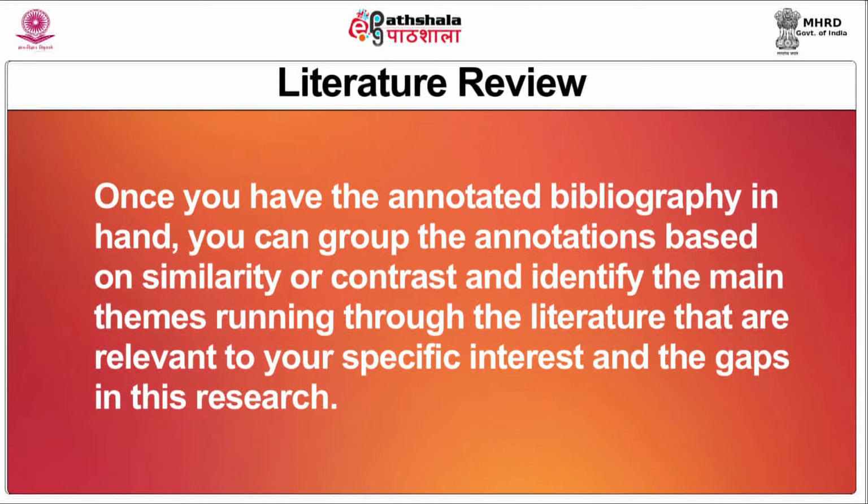Once you have the annotated bibliography in hand, you can group the annotations based on similarity or contrast and identify the main themes running through the literature that are relevant to your specific interest and the gap in this research. This will help you frame the research question or hypothesis for your study.